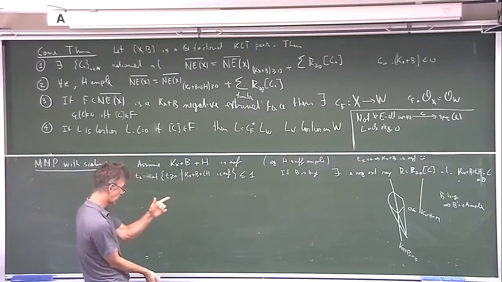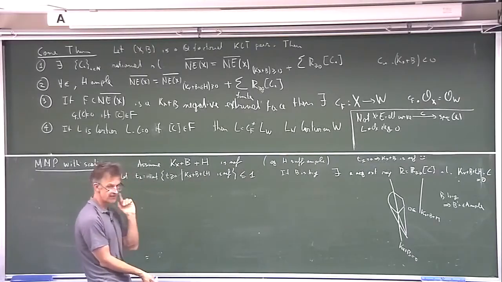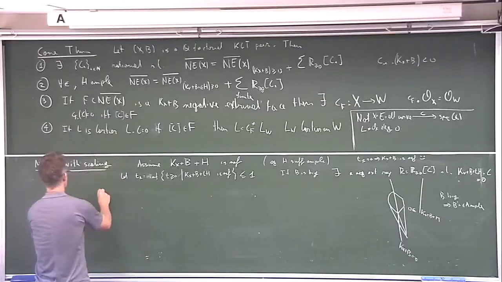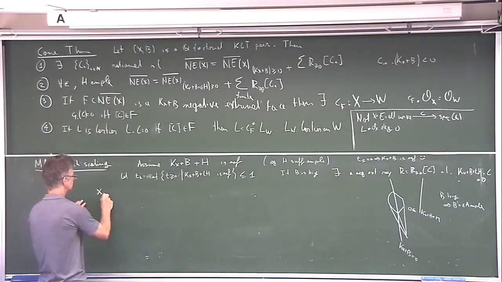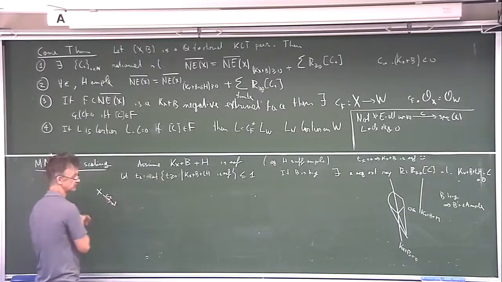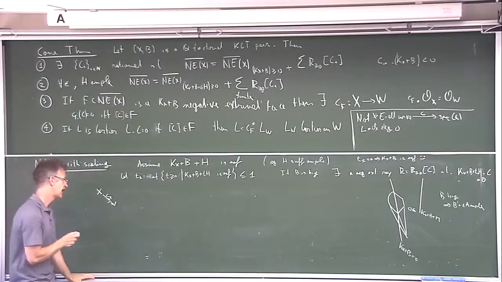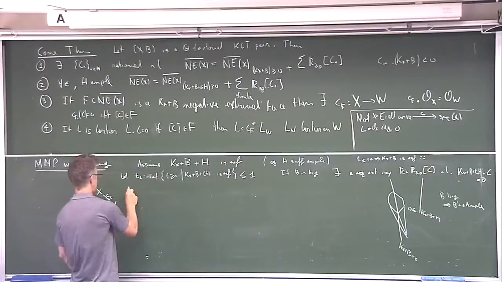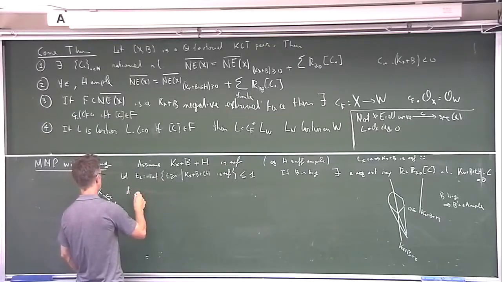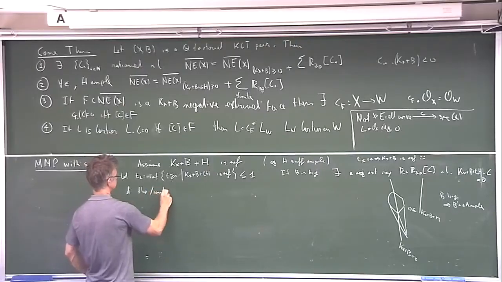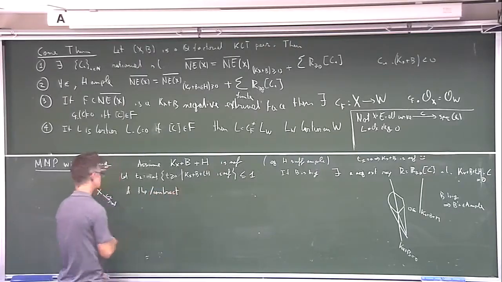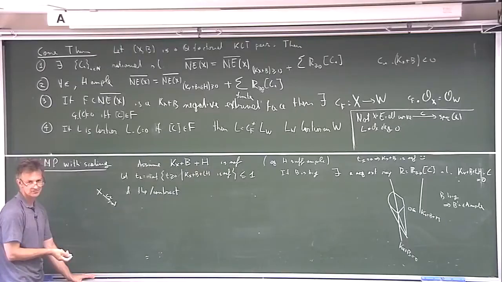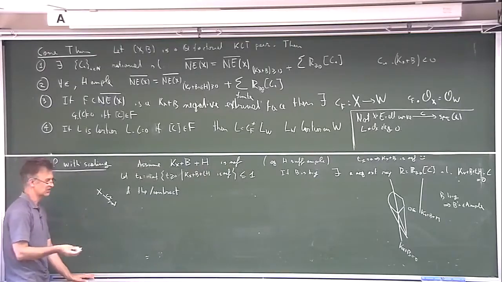Okay, so we've selected a very special ray. So now we let x to w be the contraction of that ray. We flip or we contract. So let's assume it's a flipping contraction, because those are the more scary, but it doesn't really make a difference.